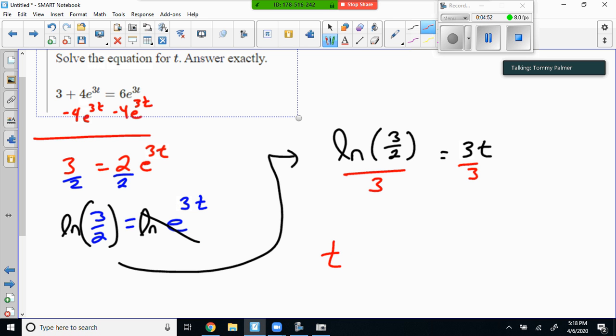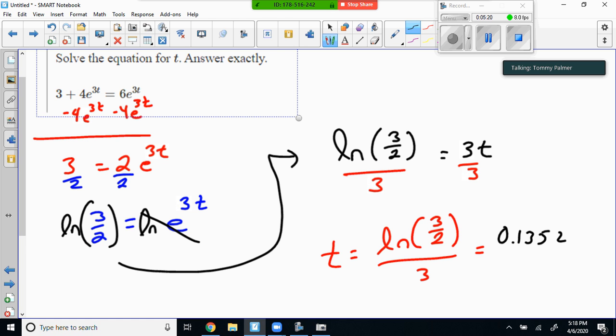So t is equal to the natural log of 3/2 divided by 3. And when you do that, natural log of 3 divided by 2, enter, divided by 3 gives me 0.1352.